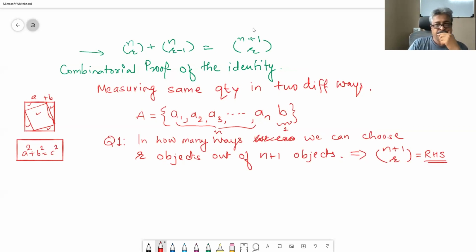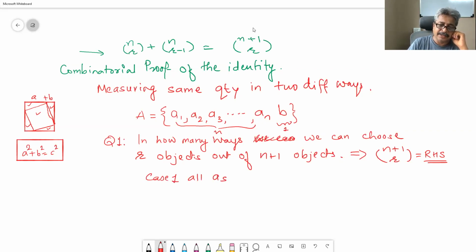Is that correct? Yes, sir. Another way of doing the same thing is you want to choose r objects out of the elements of this set, a1 to an and b. Case 1: you choose all r objects out of a1 to an, all A's.